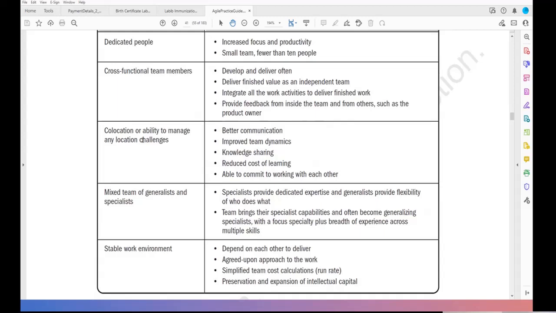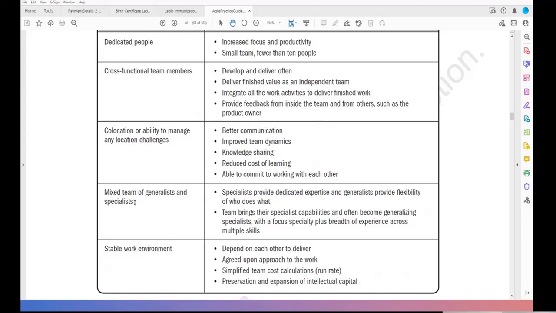As we mentioned, a face-to-face or in-person workplace is better than a virtual one. So they are calling that co-location. The goals are better communication, improved team dynamics, knowledge sharing, reduced cost of learning, and ability to commit to work with each other. Yeah. The mixed team of generalists and specialists, as we mentioned. Specialist means I-shaped people, and generalist means T-shaped people.